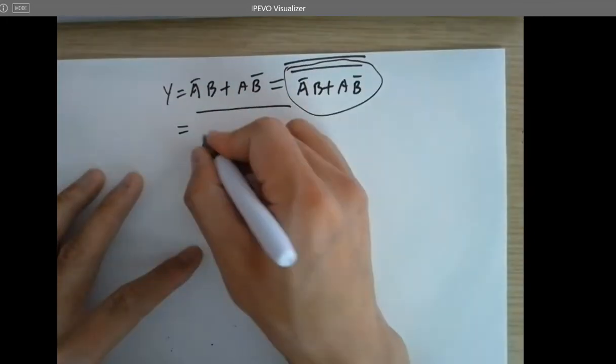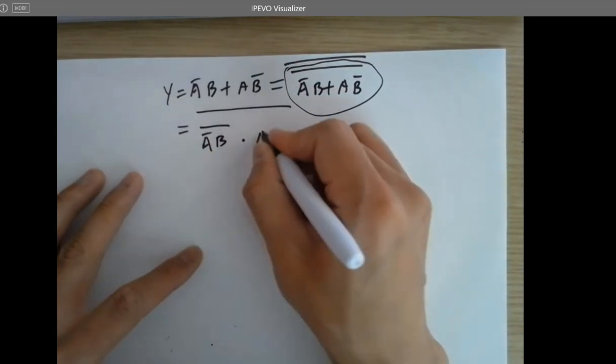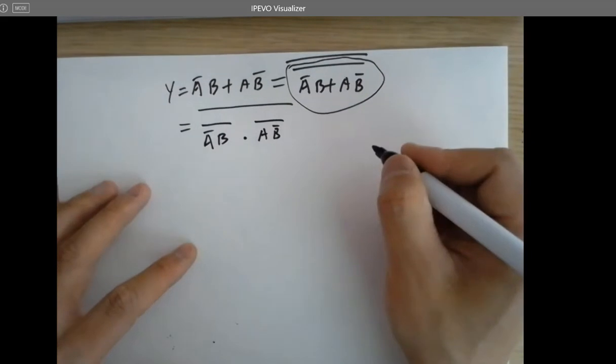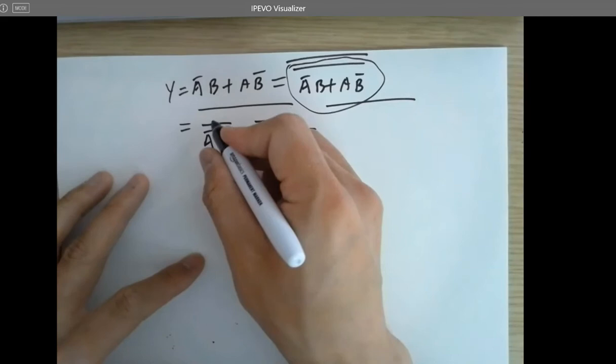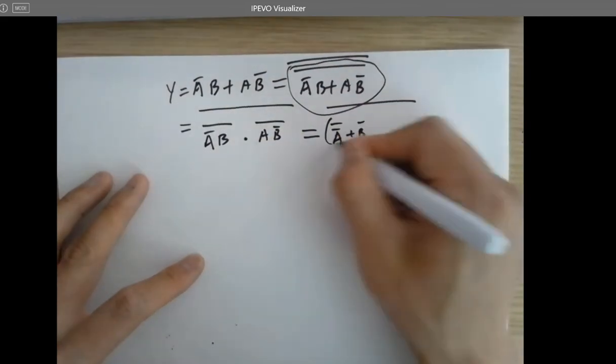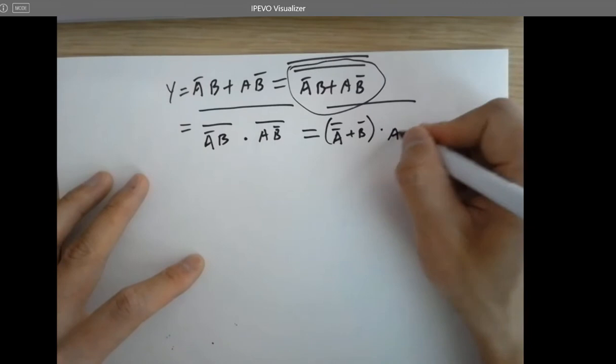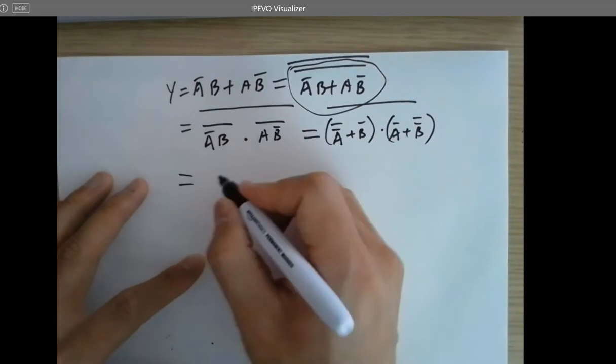So what I'm getting is A like this and change the sign like this. And this equals, still keeping the bar on the top, do the same thing, split the bar, change the sign. So I'm getting this.